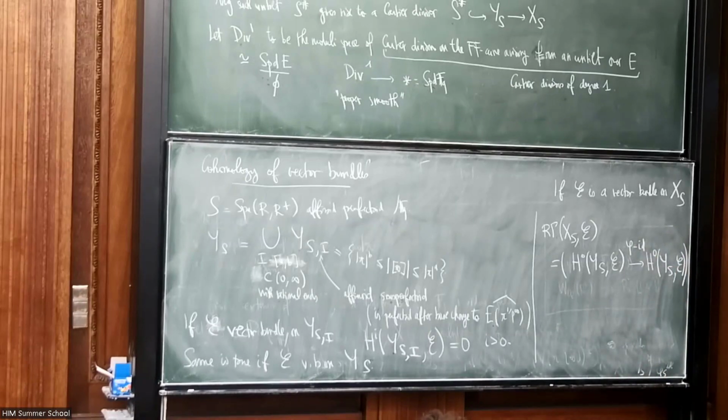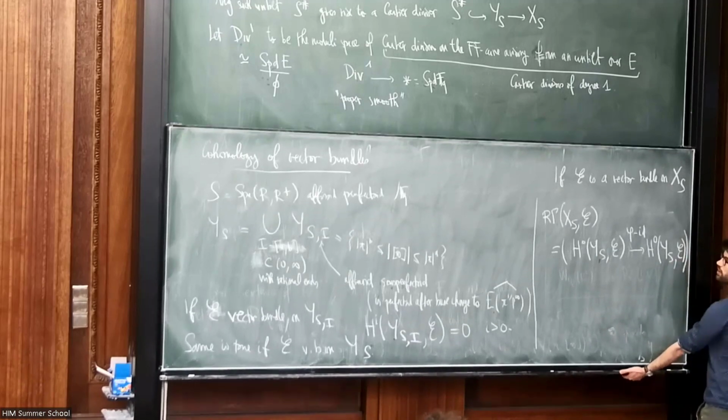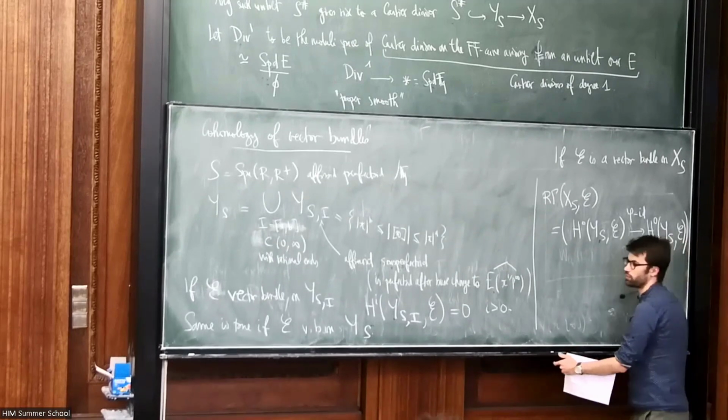So you only have H0 and H1. H0 is given by phi-invariant global sections on Y, and H1 is given by the cokernel of Frobenius minus identity. And this is true for any vector bundle.